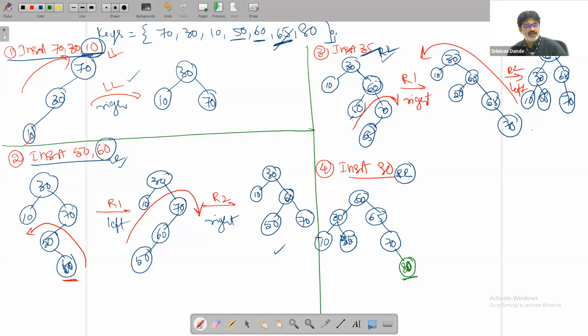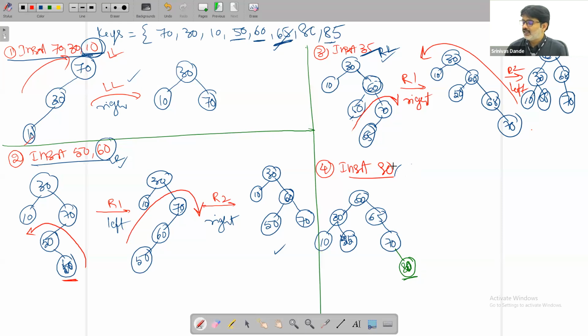Now, is this balanced or unbalanced? So tell me, is this balanced or not, guys? When I insert 80, it is balanced. If I insert 80, no, it is balanced. So I have to do some more work for this. After 80, again I'll insert 85. So 80 is not causing a problem.